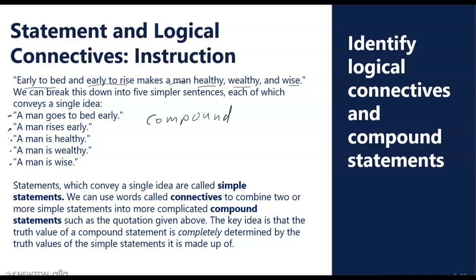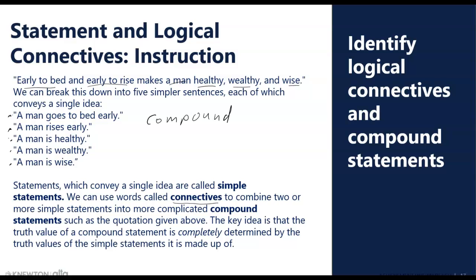We use connectives to combine 2 or more statements into a compound statement. Now, the connectives aren't really clear here because some of them are implied. It's like saying, if a man goes early to bed and a man is early to rise, then a man will be healthy and a man will be wealthy and a man will be wise. That is really what is being said here.